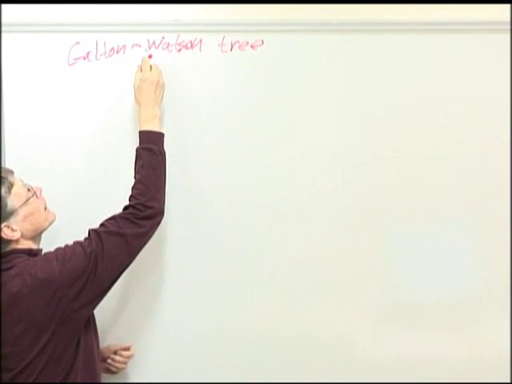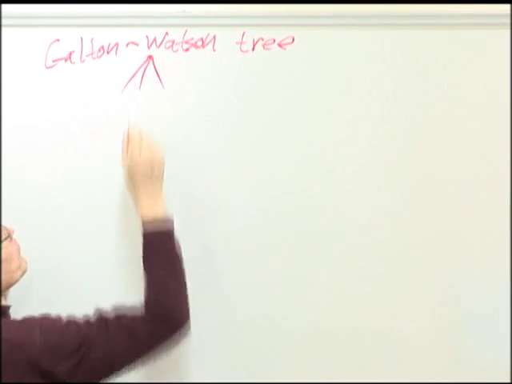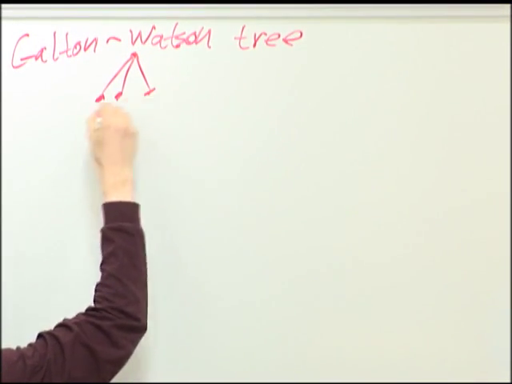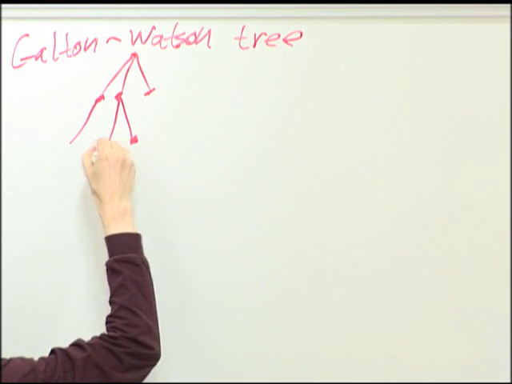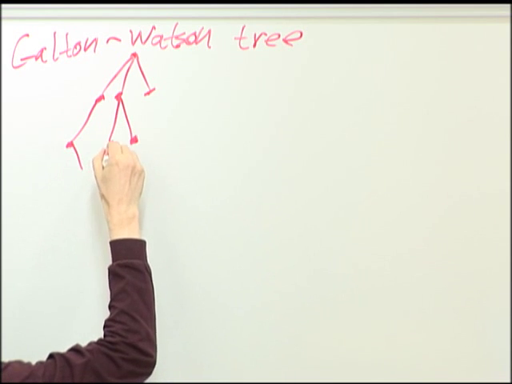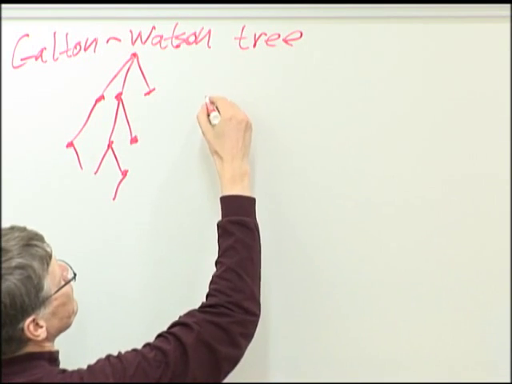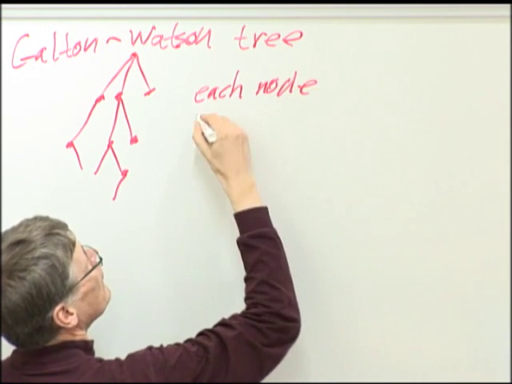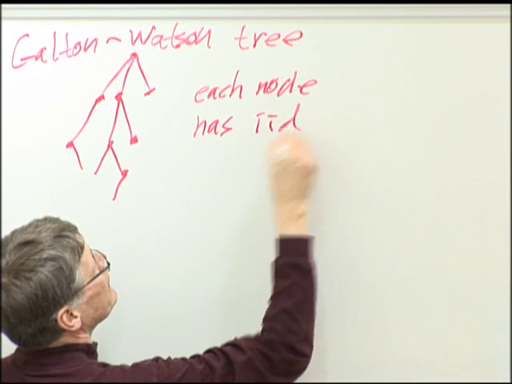The root has a random number of children, according to some offspring distribution. Each of them has children according to the same distribution, and some of them don't get any children at all, like this. So each node has, say, IID children.